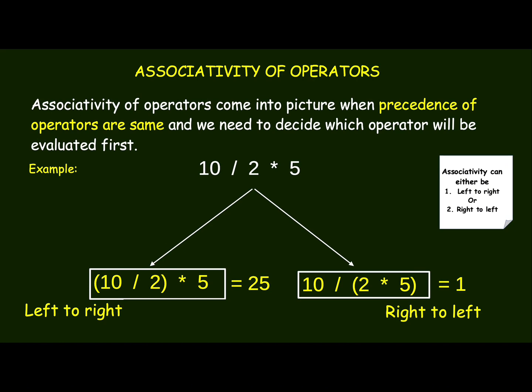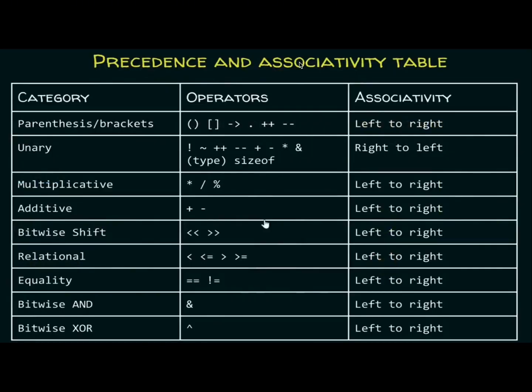So the associativity will tell them which operator to perform first before the other. Now let's consider the precedence and associativity table. In this particular table, you will find different kinds of operators mentioned. Apart from that, the associativity is also mentioned.